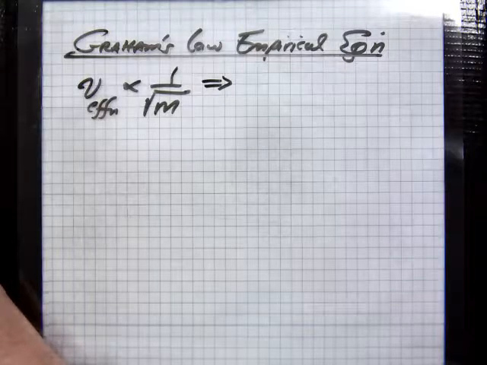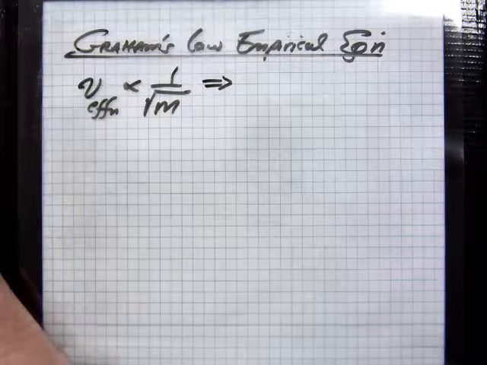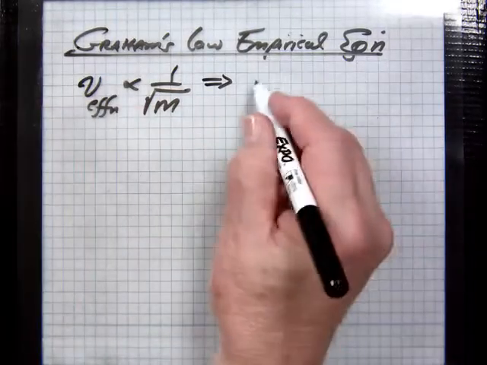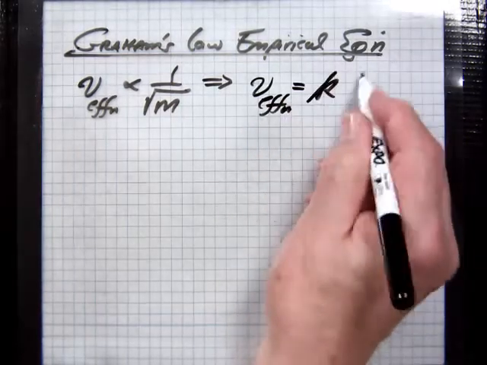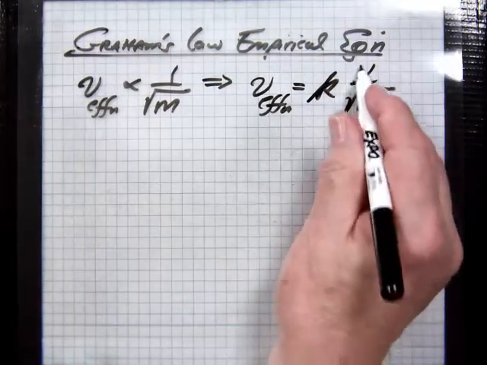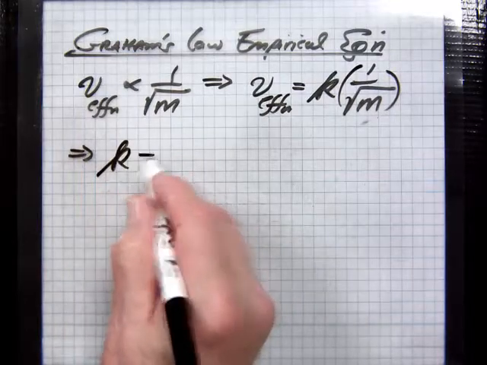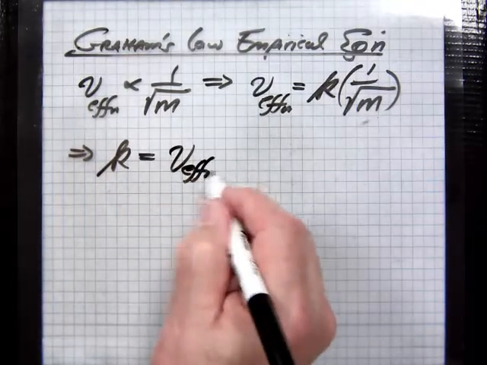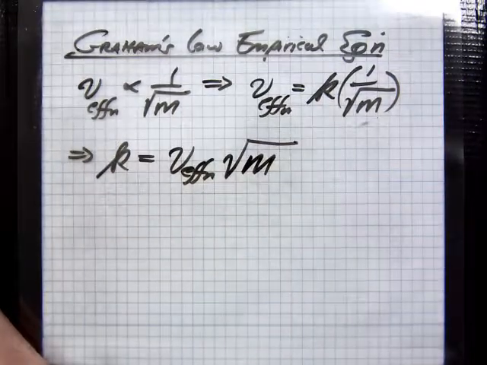I want to equate the velocity of diffusion to 1 over square root of molecular weight by incorporating a proportionality constant. So I just put a K there. Now, solve for the K value, and we have velocity of diffusion times the square root of the molecular weight of the particle under consideration.